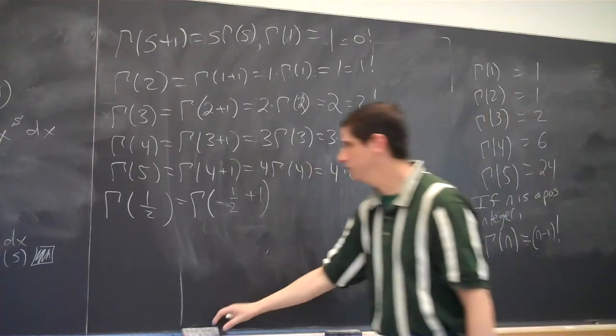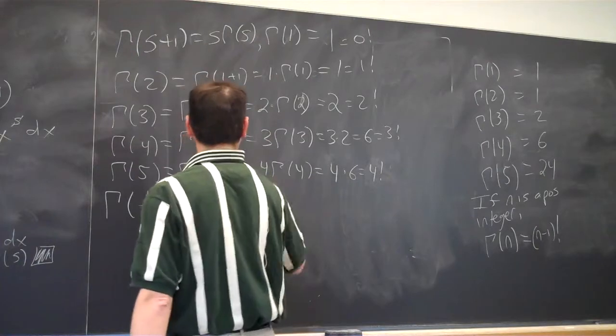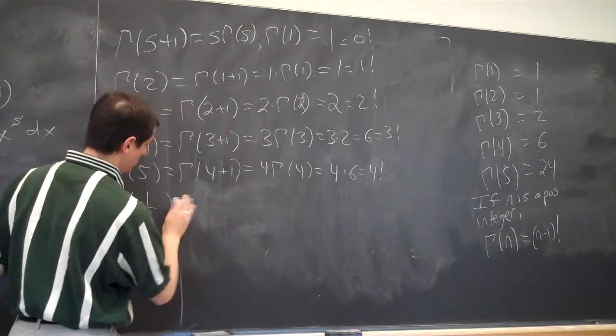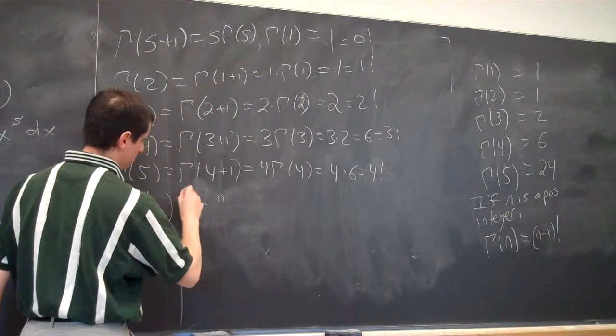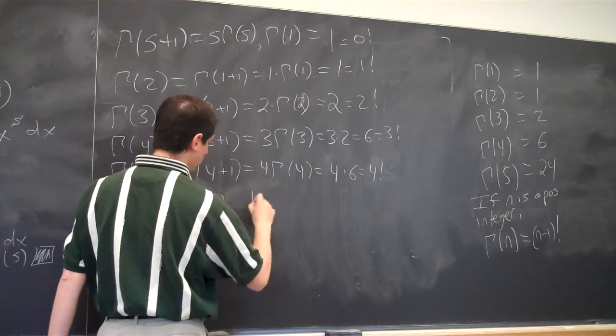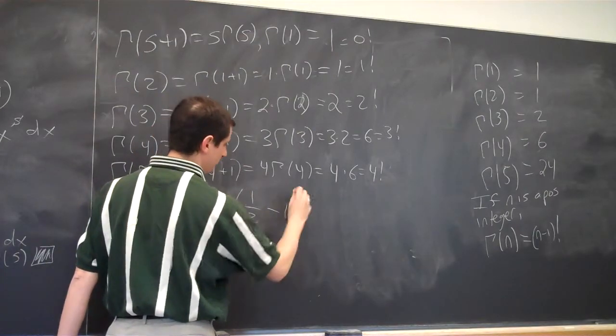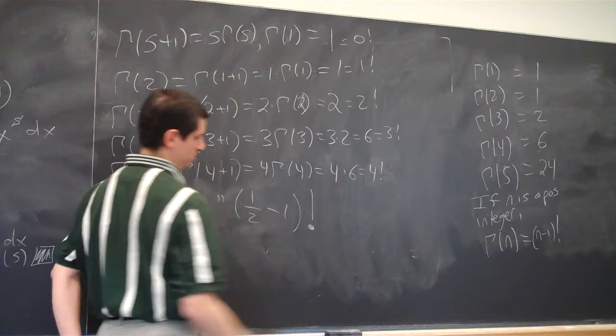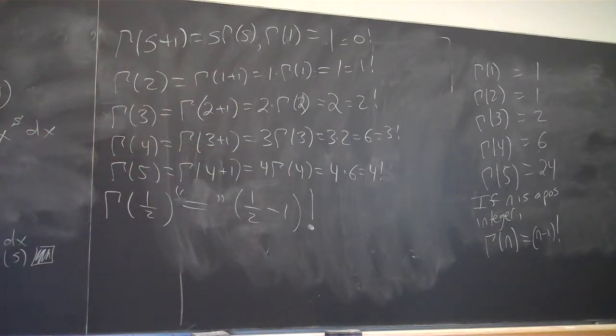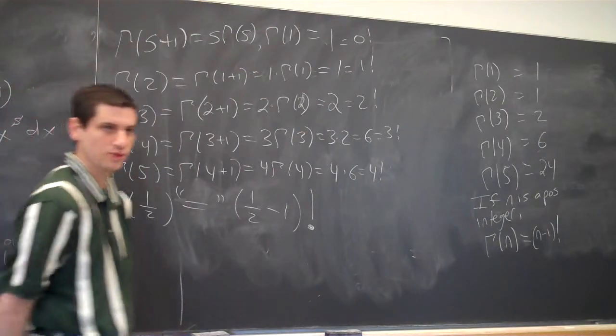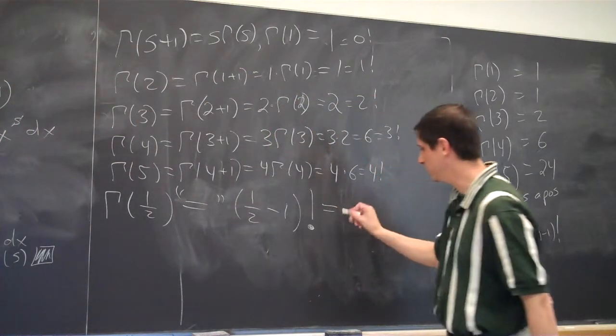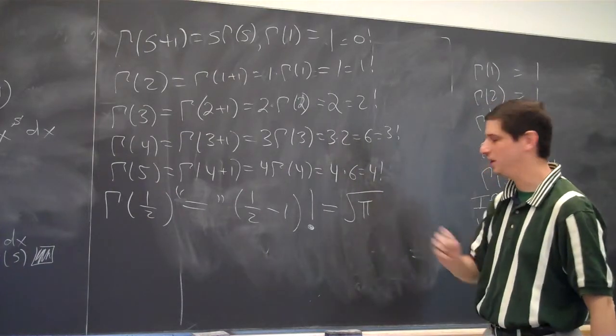No, I'll leave it like this. So I'm going to put the equal sign in quotes. This should be 1/2 minus 1 factorial. It's the generalization of the factorial. Gamma of n was n minus 1 factorial. So gamma of 1/2 should be 1/2 minus 1 factorial. And it turns out this is equal to the square root of pi.